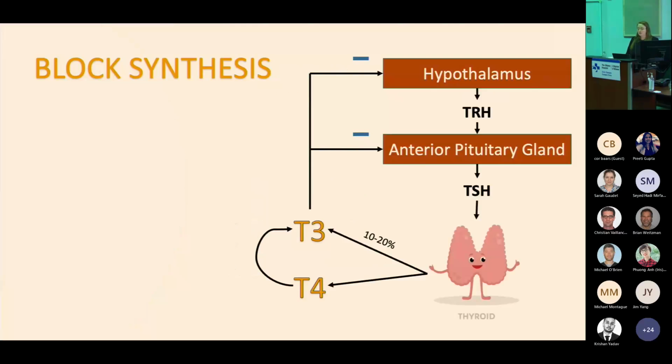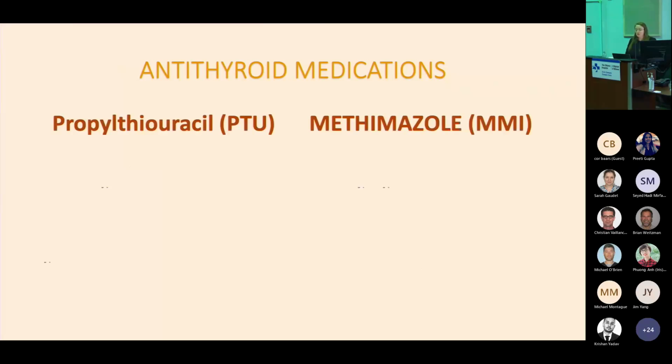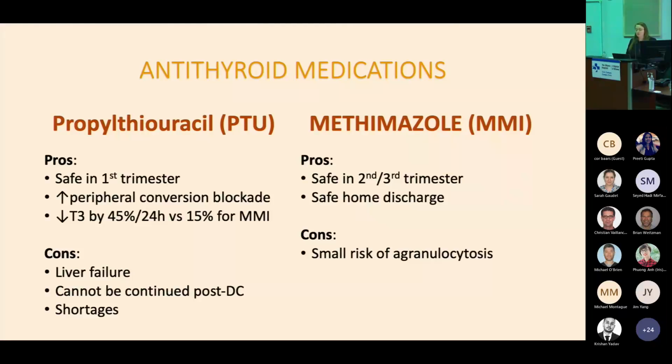So blocking the synthesis. We'd like to block the synthesis of T3, T4 by using antithyroid medications, including PTU and methimazole. These antithyroid medications inhibit thyroid hormone synthesis by acting on thyroid peroxidase. It has traditionally been recommended that PTU is preferred over MMI due to its effect on peripheral conversion.